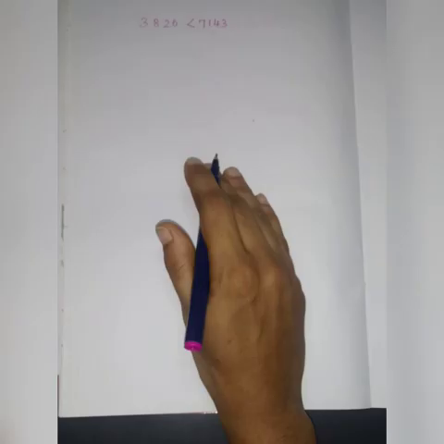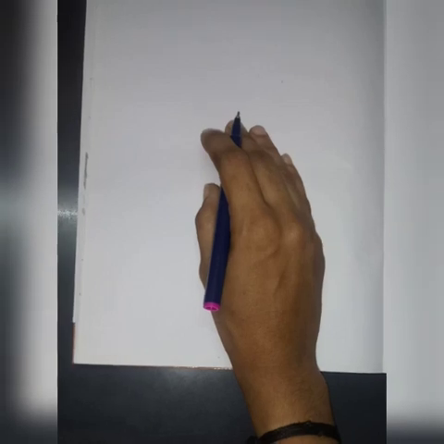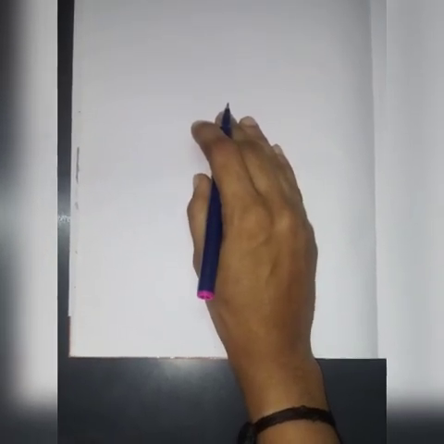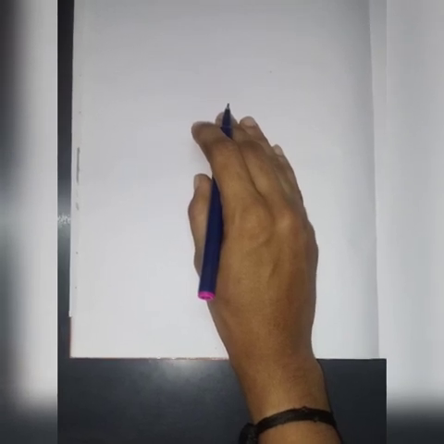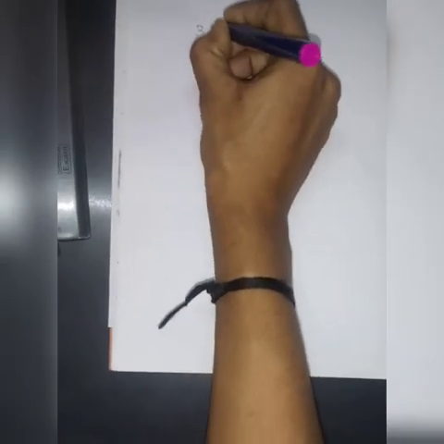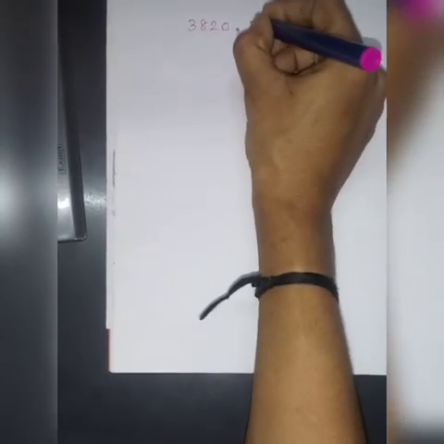Next, we are going to do problems based upon rule 3. What is our rule 3? If the leftmost digits are the same, we compare the next digit to the right and keep doing this until the digits are different. Wait, I will explain, then you will understand the rule. I am taking two problems.